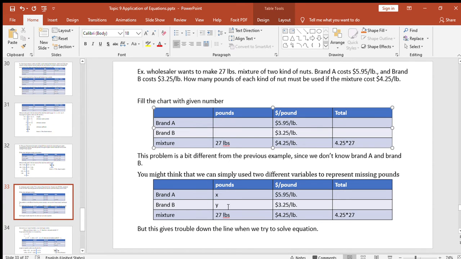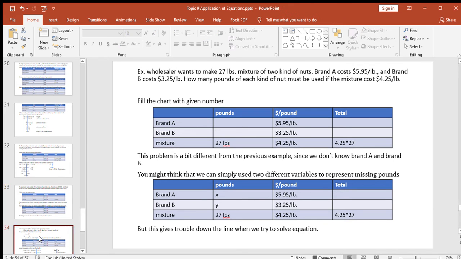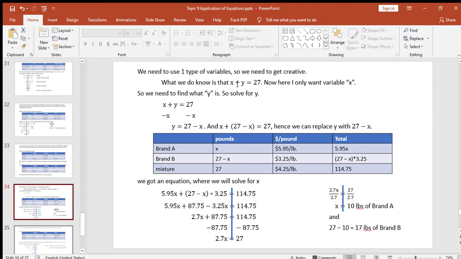Well, notice that x plus y has to be equal to 27, right? As shown here, x plus y is equal to 27. But the thing is, we want only x.